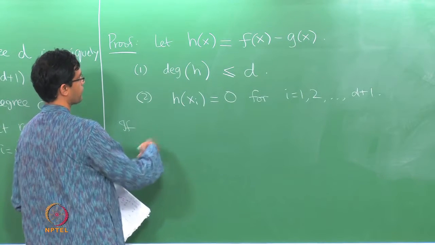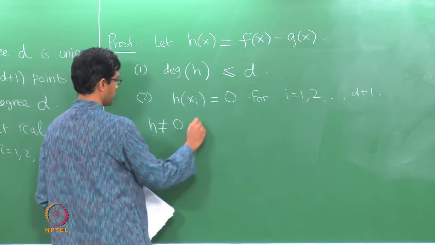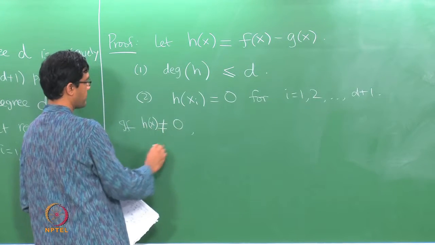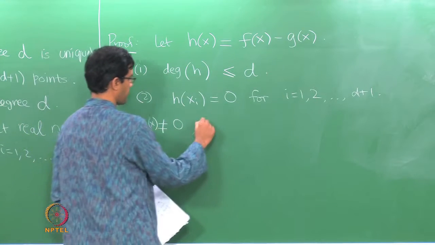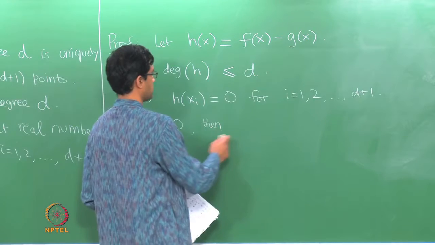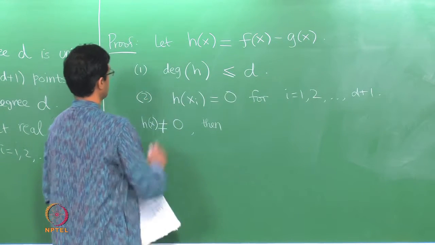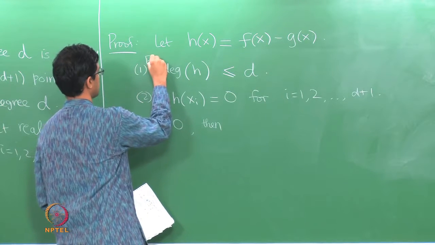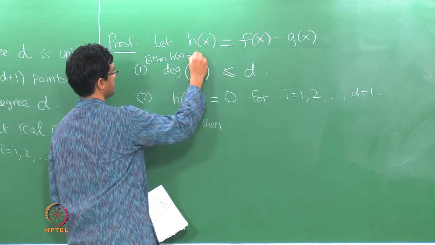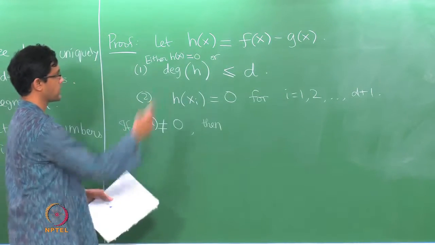Let us just complete the proof formally. If h of x is not 0, by which I mean it is not identically the 0 polynomial, then I should be a little careful here. Since I made a distinction last time, either h of x is 0 or it is non-zero and has degree at most d.